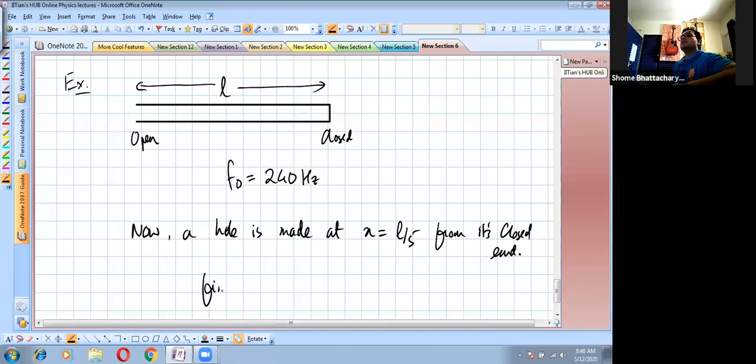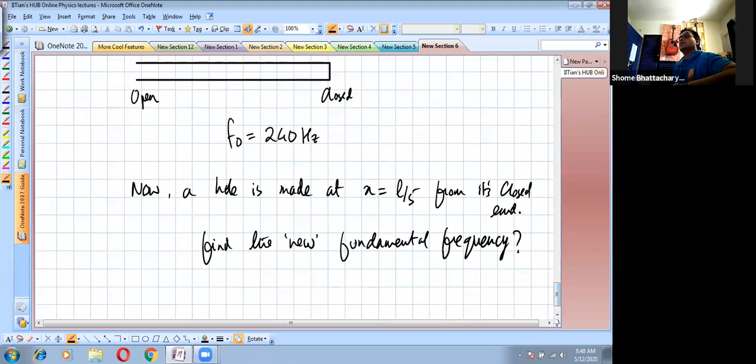So find the new fundamental frequency. Again, neglect end correction.